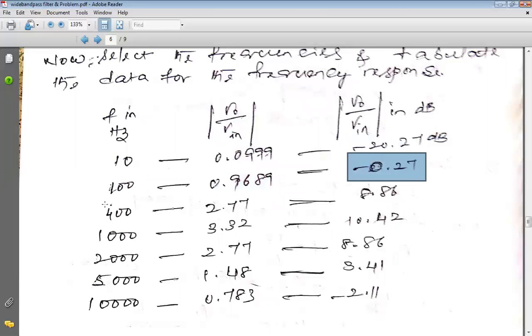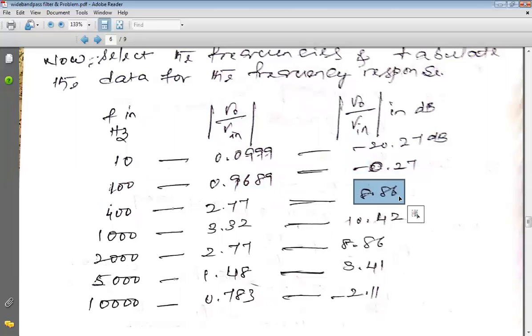Because it will start from 400 Hz, the magnitude of the voltage gain of the wideband pass filter is 2.77. It is nearly equal to 3. Then the magnitude of the voltage gain in terms of decibels is 8.86.